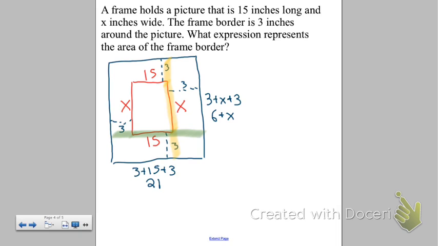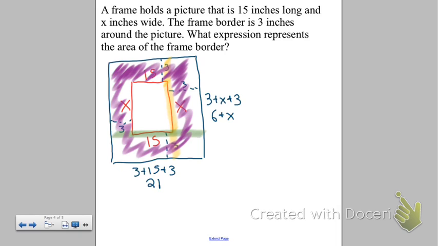So now I need to find the area of the frame. The area of the frame means I am looking for the shaded in part all around, this whole purple part. If I wanted to find the area of that purple part, I can find the area of the bigger frame.